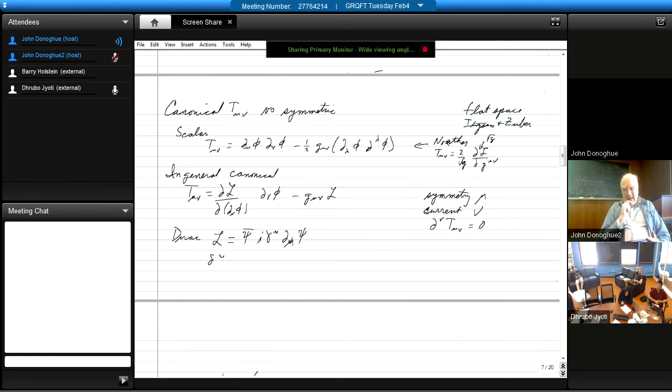Okay, so the variation of the Lagrangian with respect to d mu psi, yes? Really quickly, the canonical form for T mu nu, you get that from the total derivative term vanishing. That's the known term.